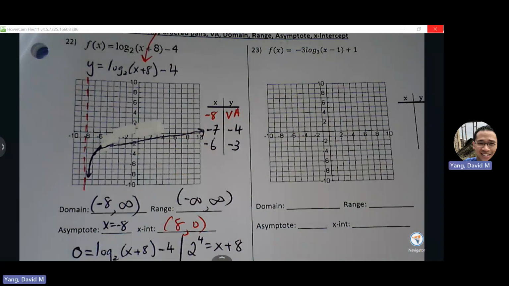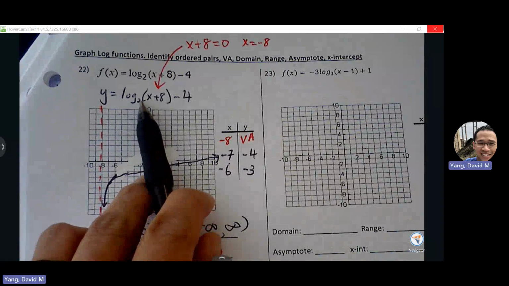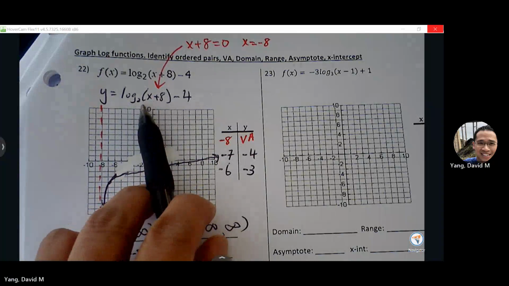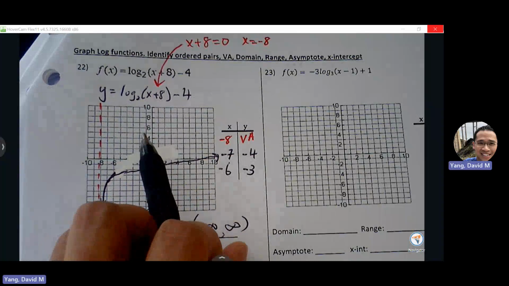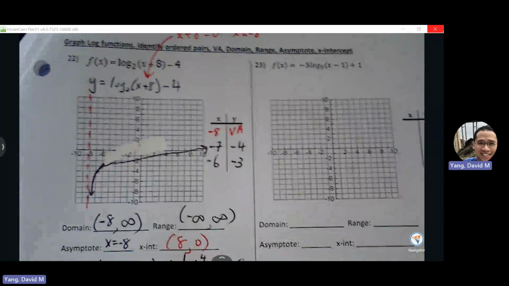It's a little bit harder to plug into the calculator because your calculator can't handle log base 2. It can only handle log base 10. Oh, mine can change the base. Okay, good. Graphing may not be able to do that, but I think so.